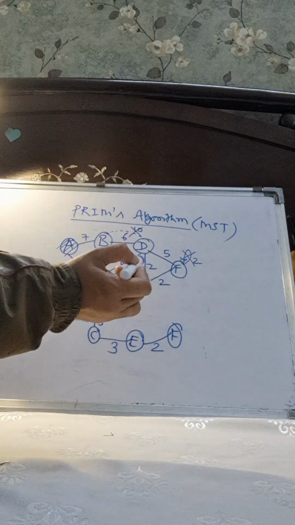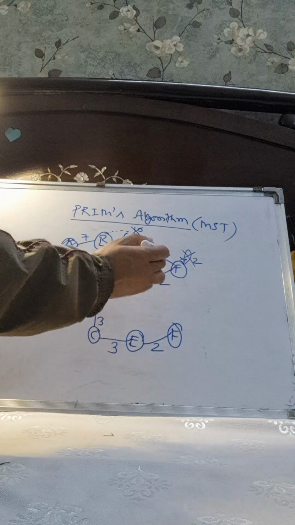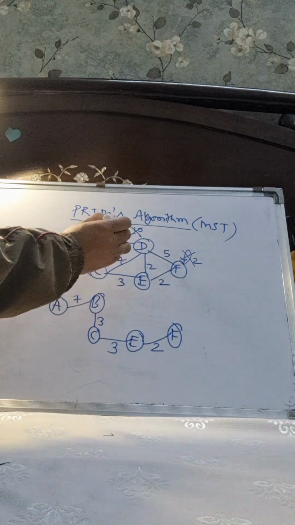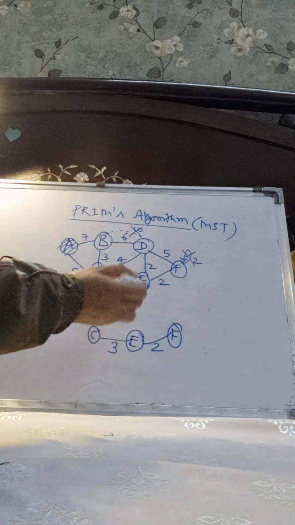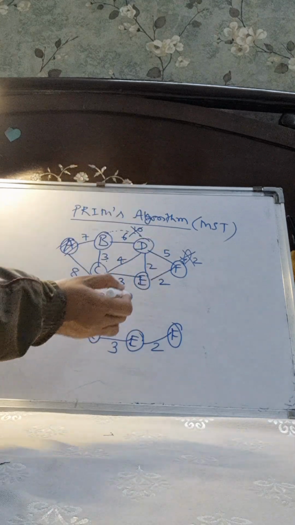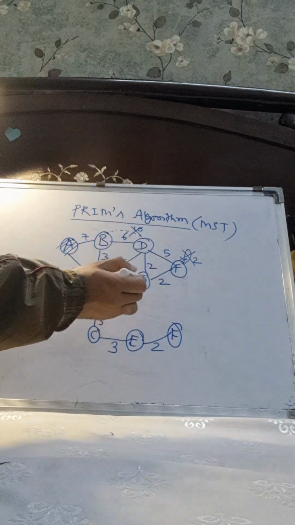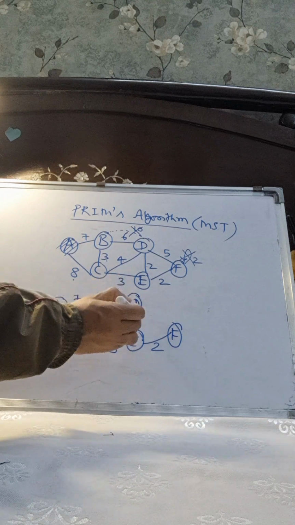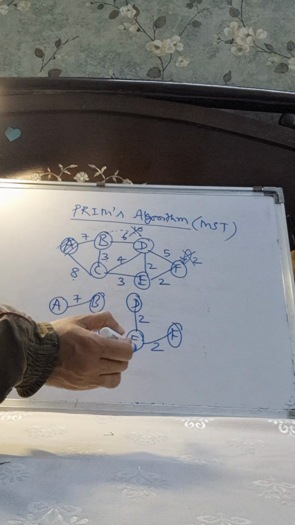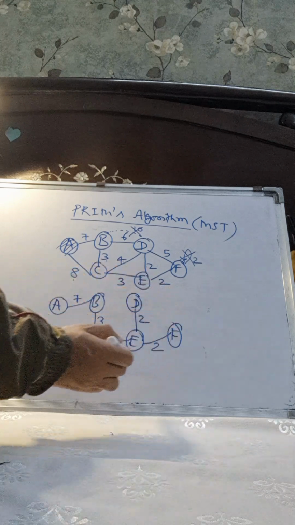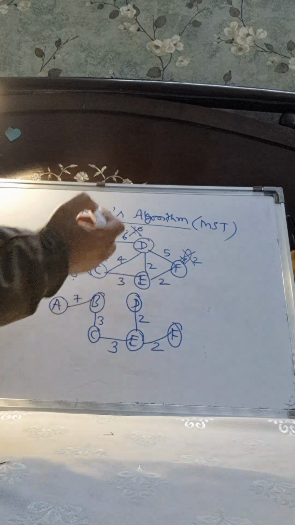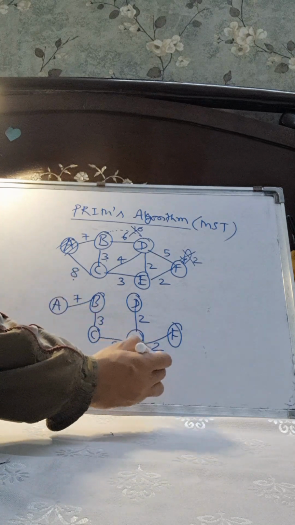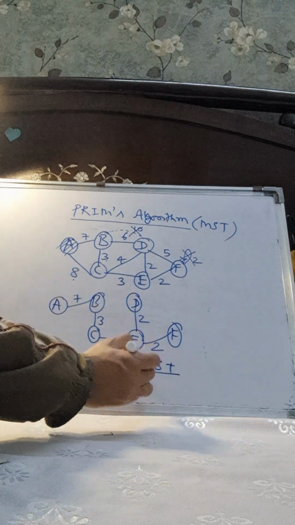And from F, 5 is available. Out of 8, 6, 4, 2, 5, this one is minimum, so we include the minimum cost edge in our solution. This is the final answer we got after including this, and this is our minimum cost spanning tree.